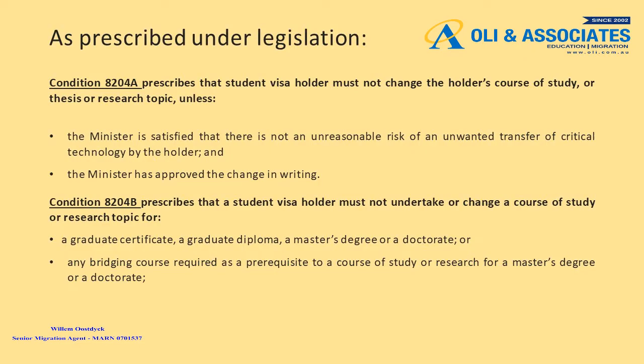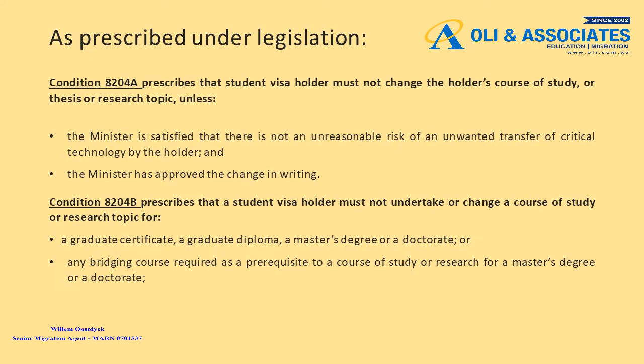Other changes include recent changes to the student visa conditions. The new visa conditions, Condition 8204A and 8204B, apply to student visa holders studying a higher education course or postgraduate research course and who intend changing their course of study, thesis, or research topic.